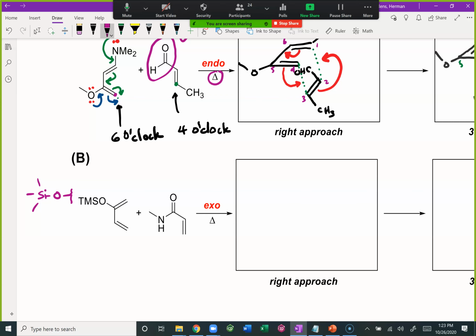Silicon and oxygen is a pretty strong bond in nature. But for simplicity, we're just going to call it TMSO. All right. But the oxygen on the TMSO is electron rich.